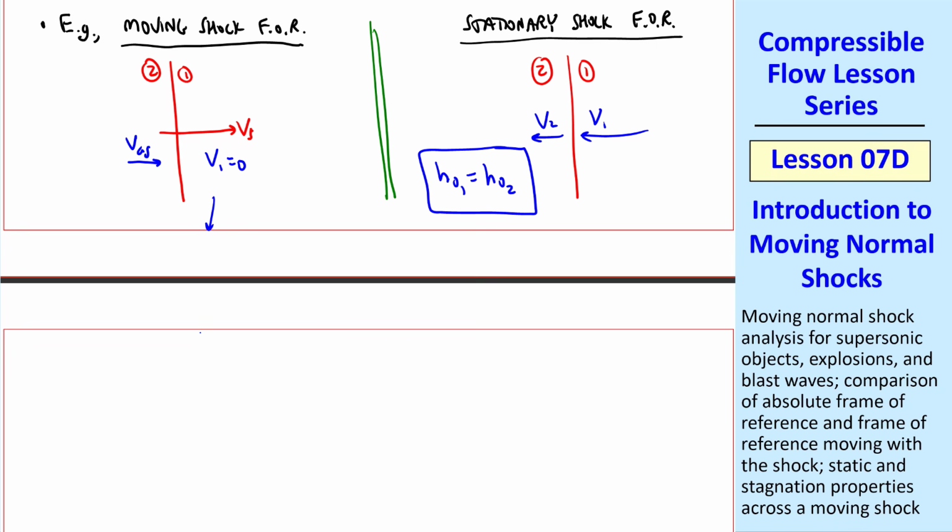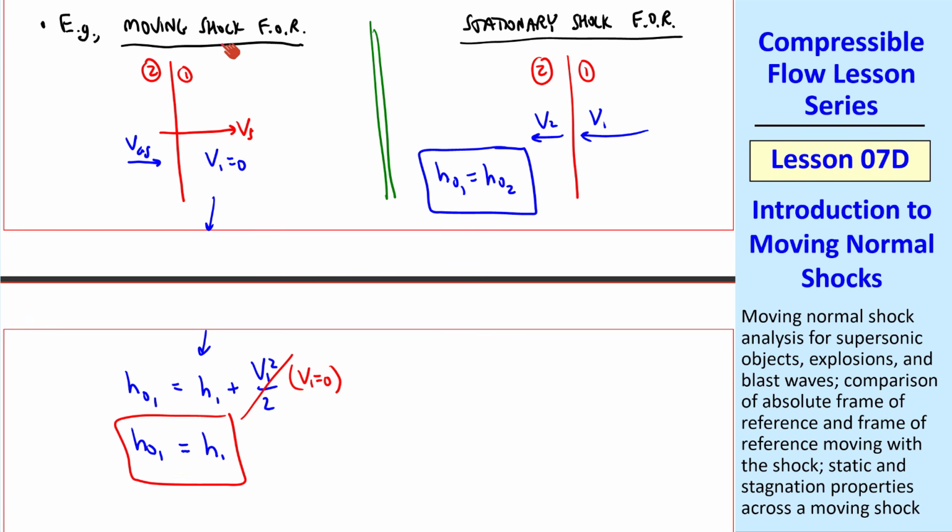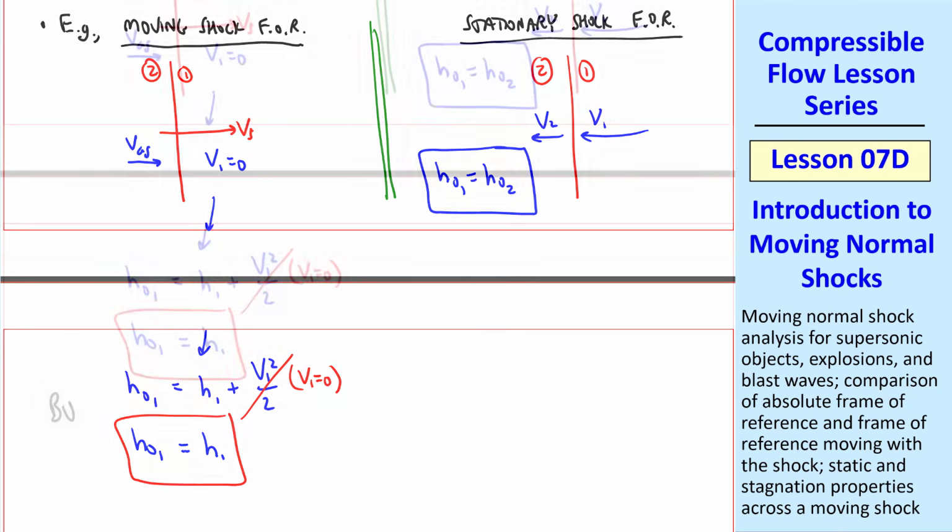In that case, H01 before the shock is H1 plus V1 squared over 2 by definition, but V1 is zero, so H01 equals H1 in this moving shock frame of reference. That makes sense because this gas is still, so there's no difference between stagnation and static properties.